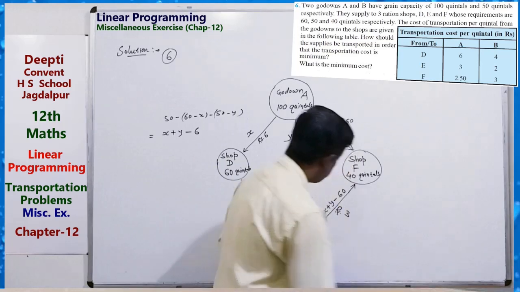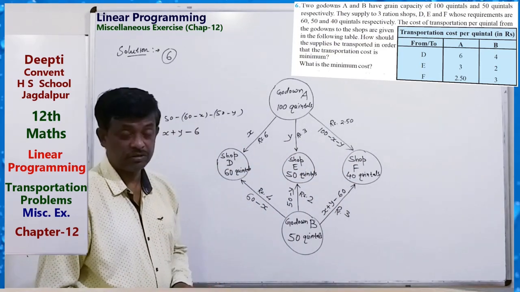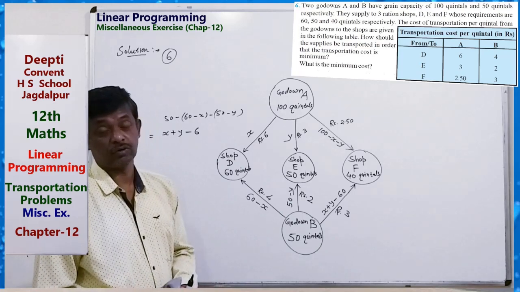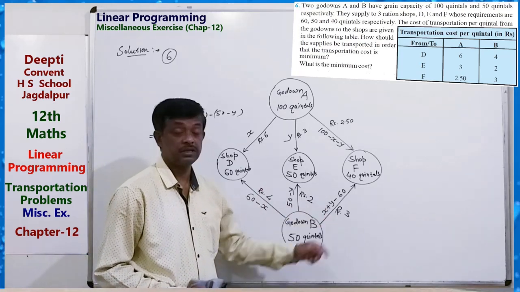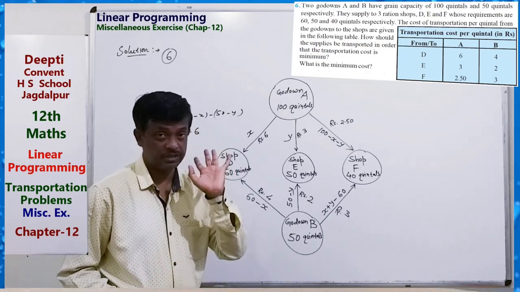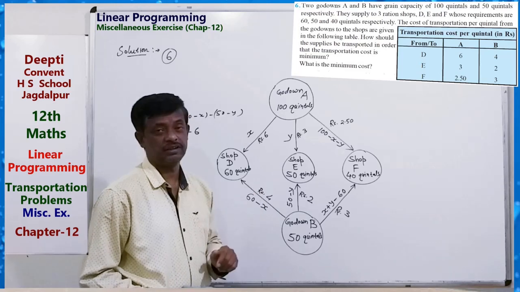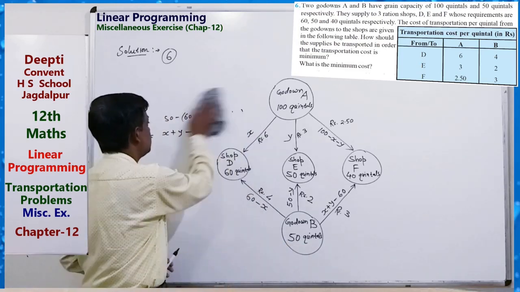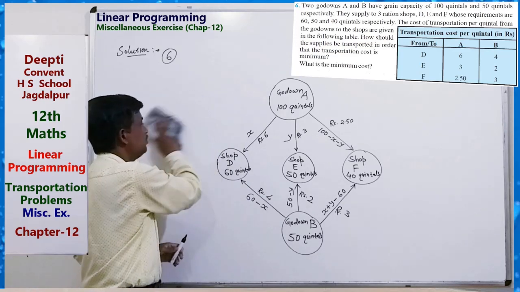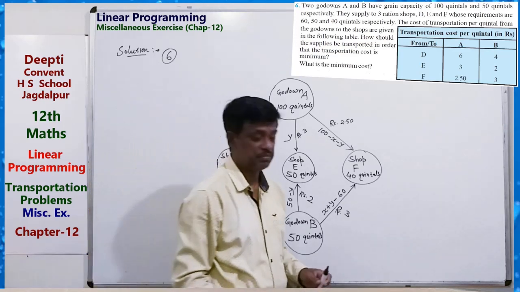Okay. So per godown, how can you write the cost? This into this, this into this, this into this. For this, we just require X and Y, then we can write everything. So now our target is finding X and Y such that the cost is minimum.